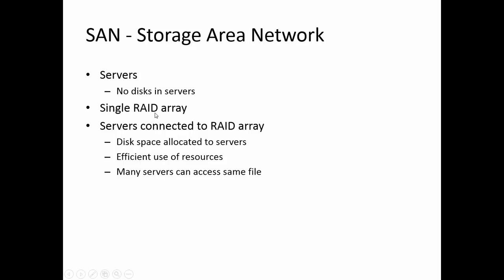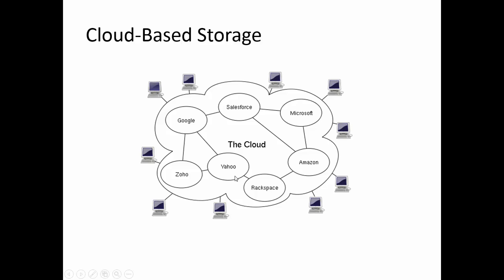Of course, there could be multiple disk arrays. The servers connect to the disk array, and then disk space is allocated to the servers. The reason we do this is that it is a more efficient allocation of resources, and it allows many servers to access the same file, which can be useful when it comes to server failover clustering.